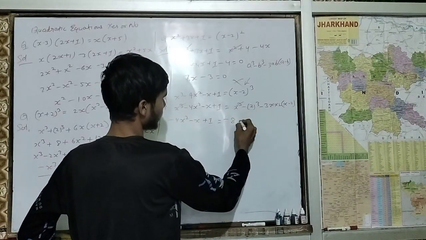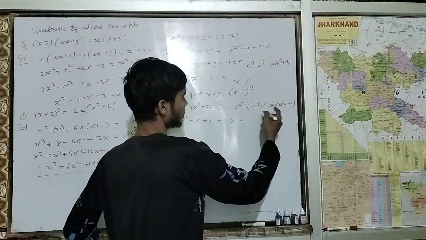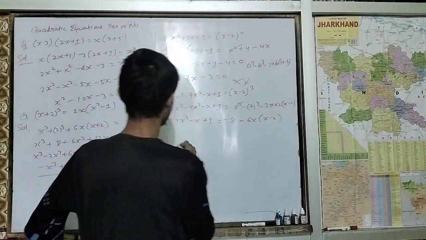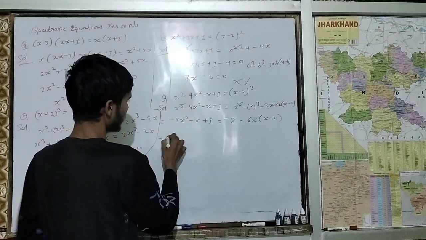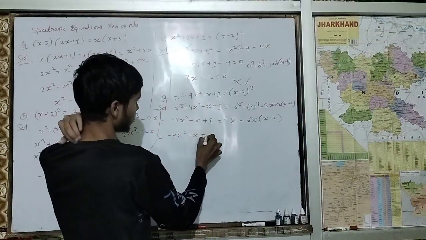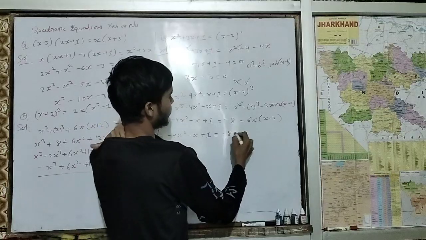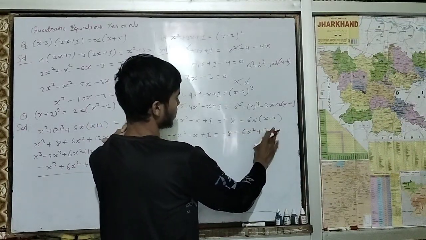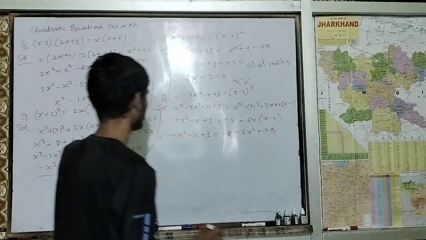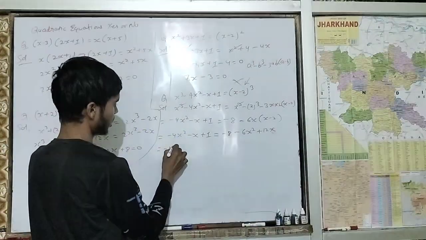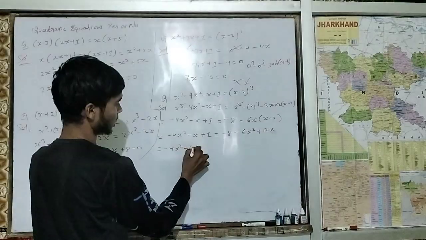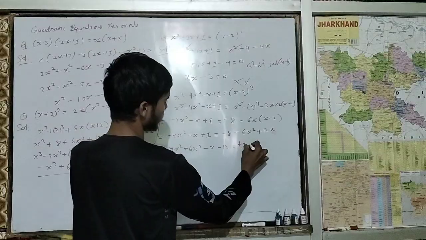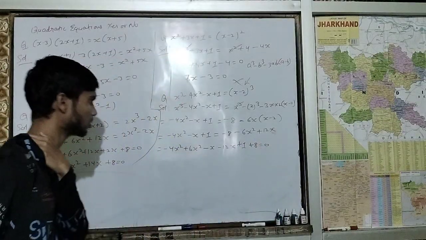This is 8 minus 3 to just 6x x minus 2. Same here, minus 4x square minus x plus 1 is equal to minus 8 minus 6x square plus 12x. Minus 4x plus 6x square minus x minus 12x plus 1 plus 8 is equal to 0.